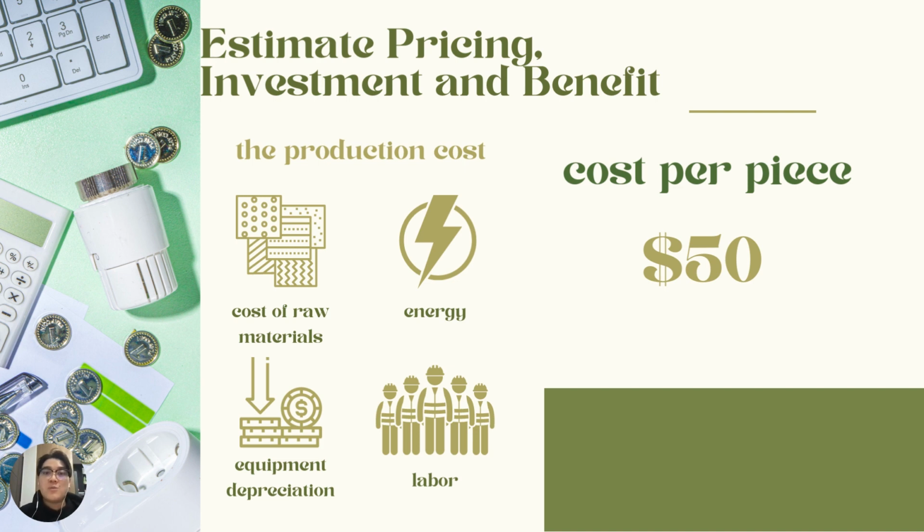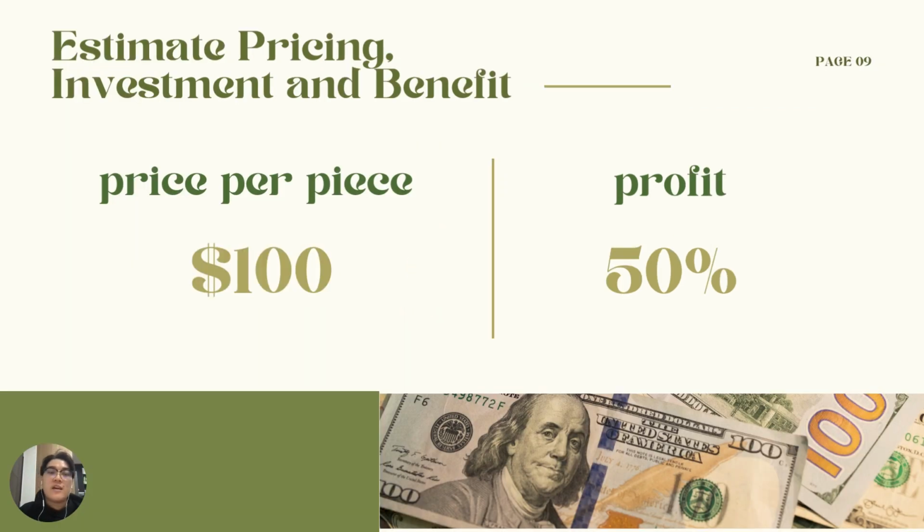So the cost per piece is around $50. After I calculated that, I want to sell per piece at around $100. The profit that I will get is around 50% per piece. So this is okay for me to sell this product.